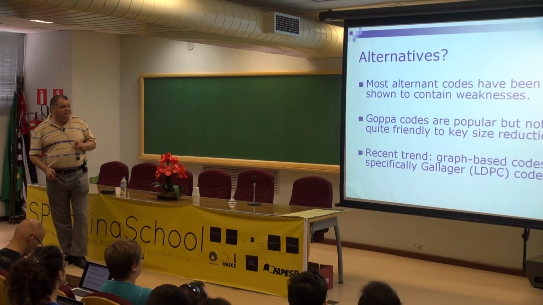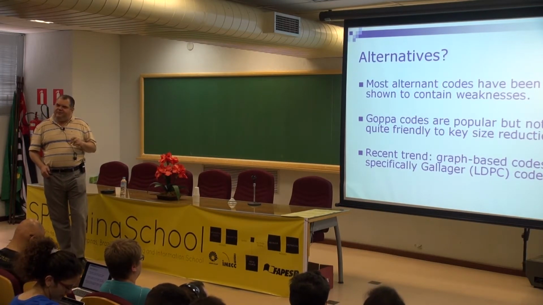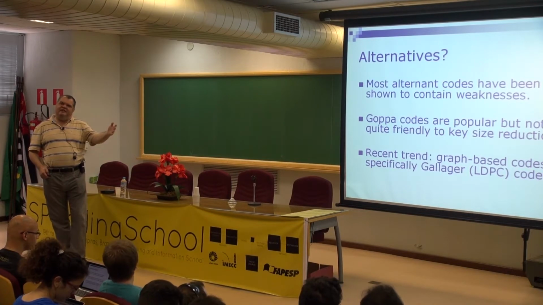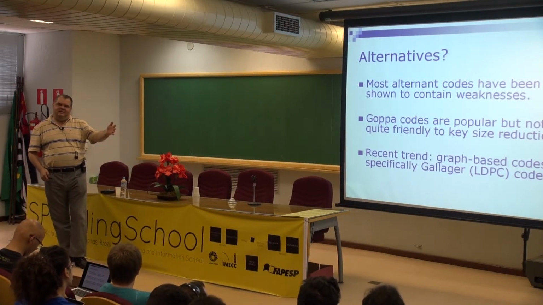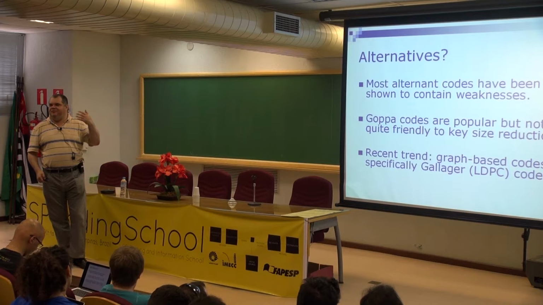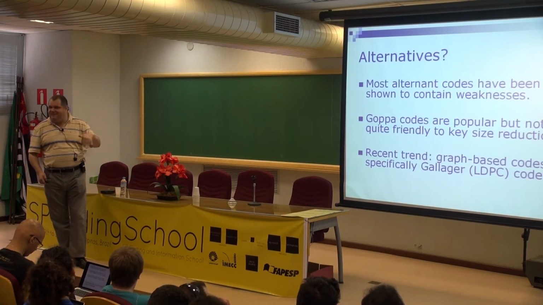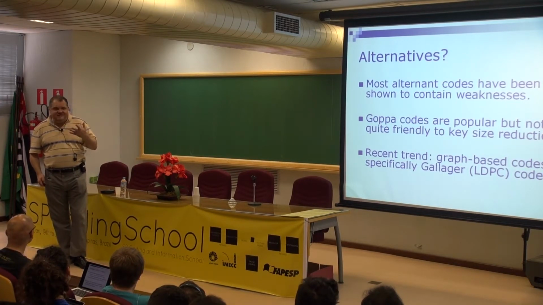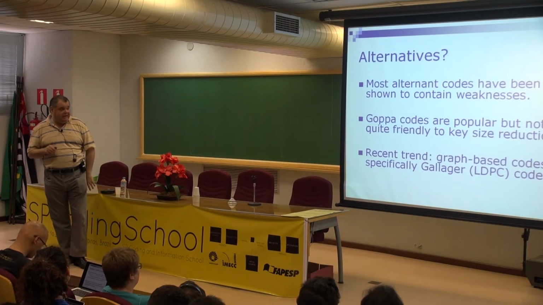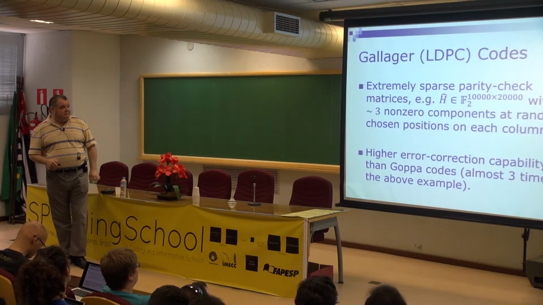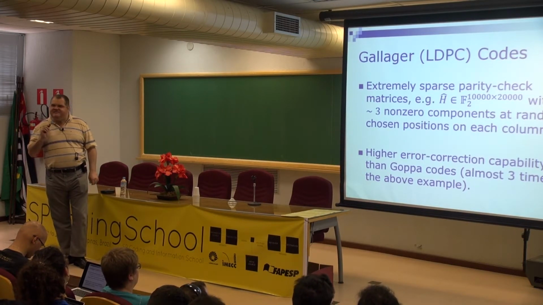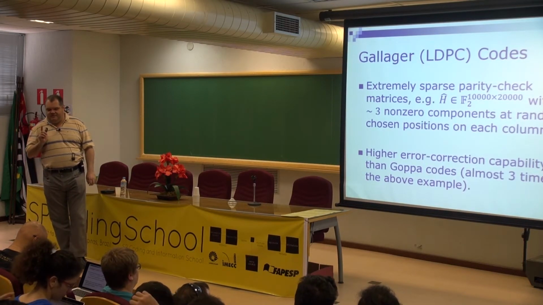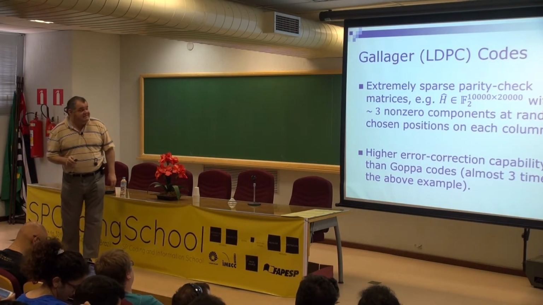There is this recent trend, which actually began in the year 2000, and for 12 years, people tried and failed time and again to base cryptosystems on Gallager codes, on LDPC codes, low density parity check codes, which are codes that admit an extremely sparse parity check matrix.